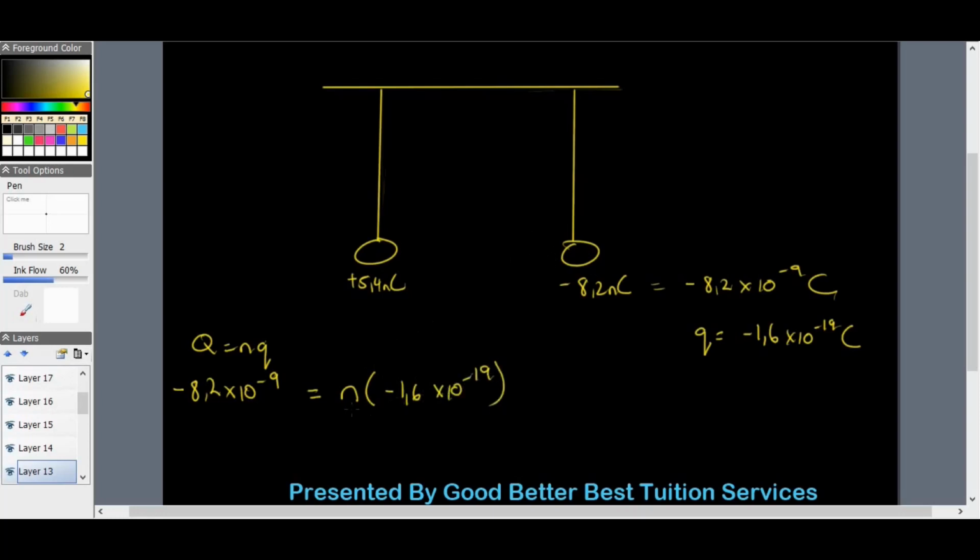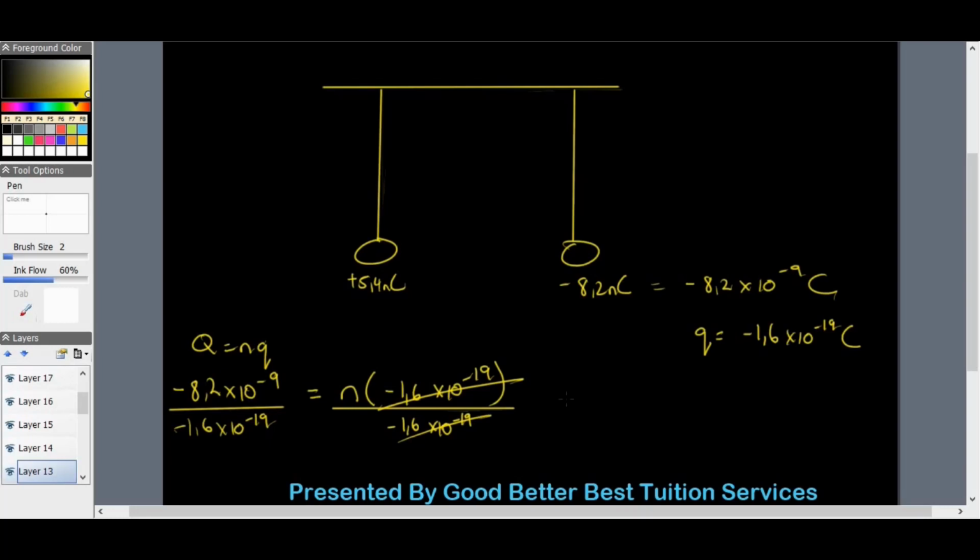So what we have to do is divide both sides by the charge on an electron, which is -1,6 times 10 to the -19. Obviously here they cancel each other out, and here we have a sum that we can put into our calculator. In our calculator we type the fraction, -8,2 times 10 to the -9, all divided by -1,6 times 10 to the negative 19.